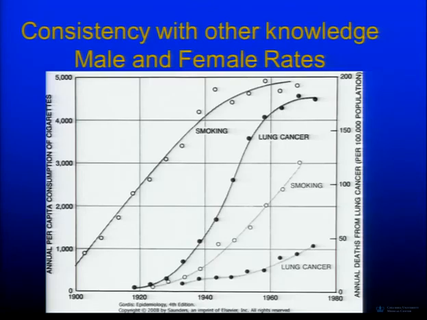So if you start thinking about the consistency with other knowledge: as the smoking rates go up, you get an increase in lung cancer. This was the male smoking rates. They started a lot sooner to go up, and you started to see the rates of lung cancer go up a lot quicker, or sooner, in men.